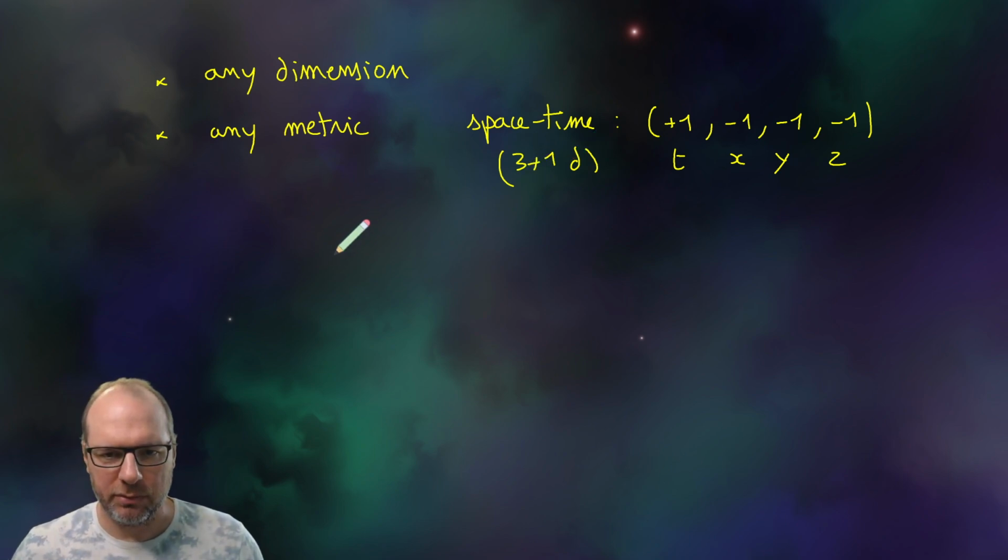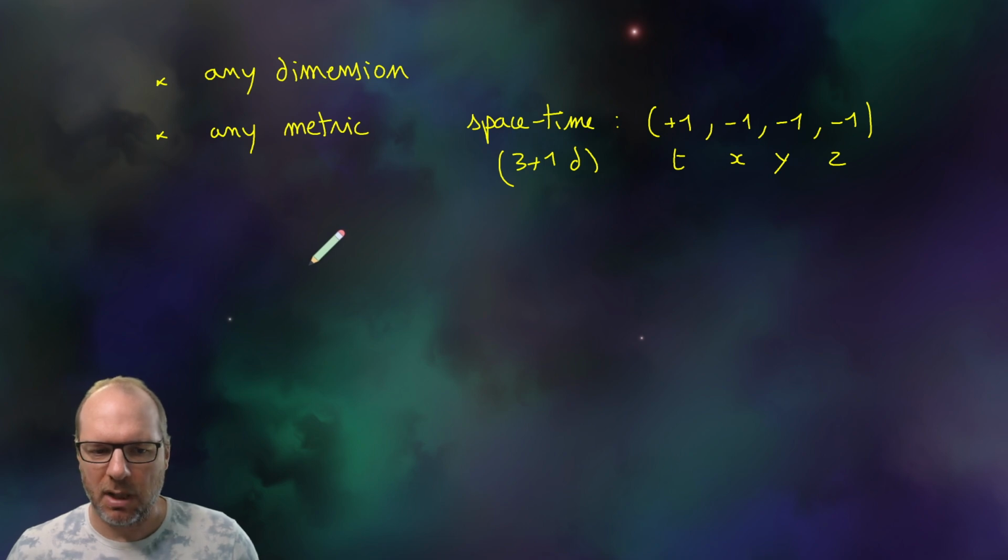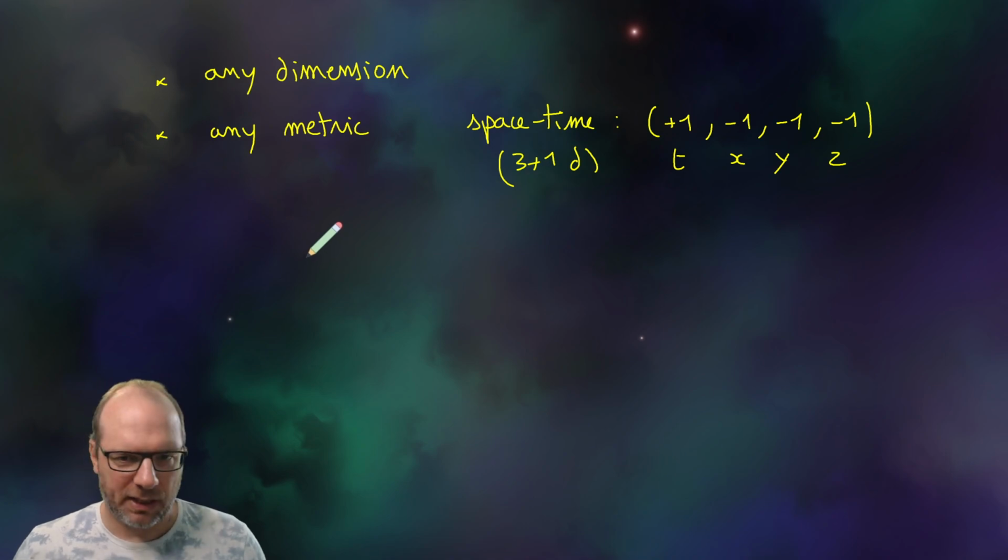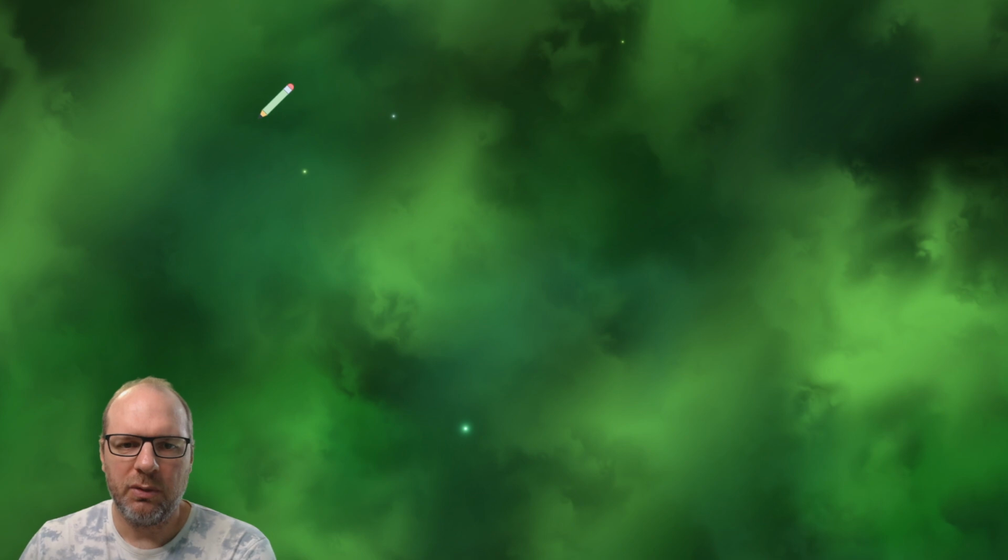So how do you construct the Clifford algebra for a certain geometry? We start with a vector space.